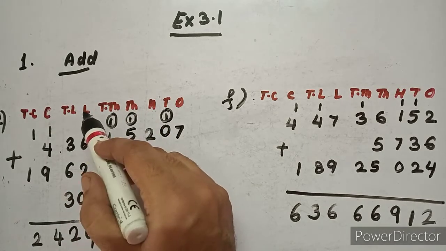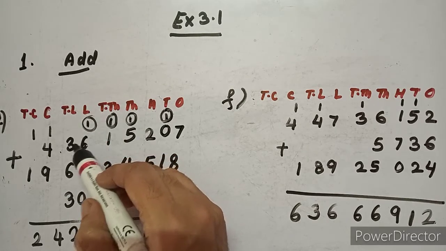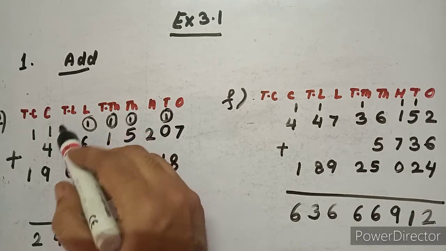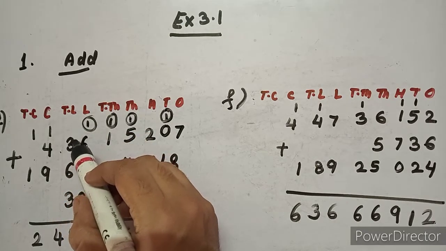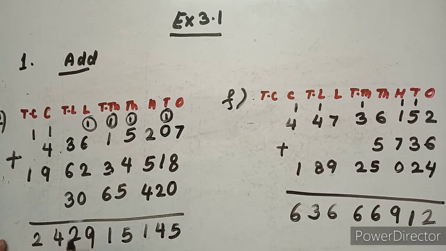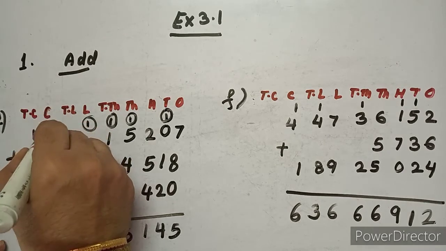Then go for the lakh place. Here you have 1 plus 6 as 7, 7 plus 2 as 9. Okay, now go for 10 lakh position. Here you have 3 plus 6 as 9, 9 plus 3 as 12. Okay, so 2 here, 1 is your carryover again.